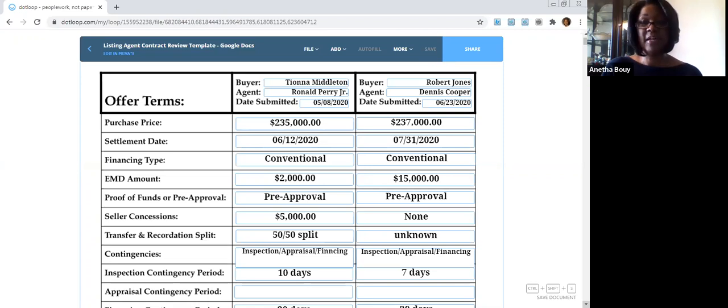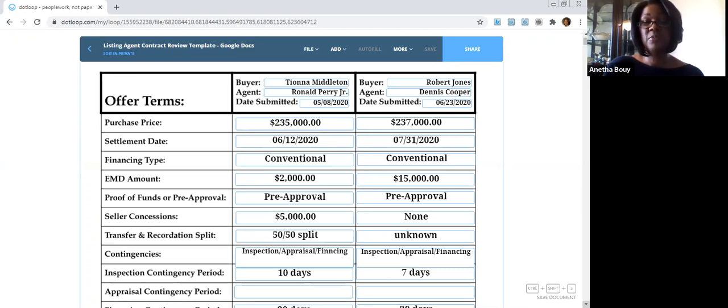The financing type she has is a conventional loan. She has decided to put down a $2,000 earnest money deposit. And we know what the earnest money deposit is.